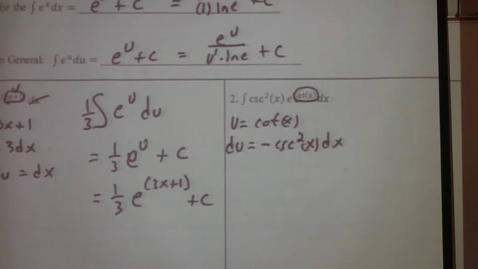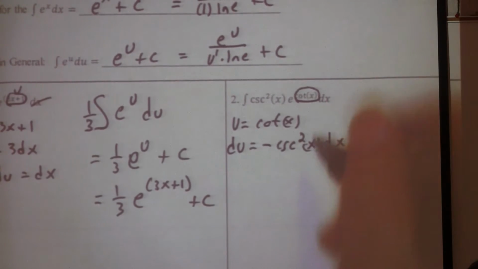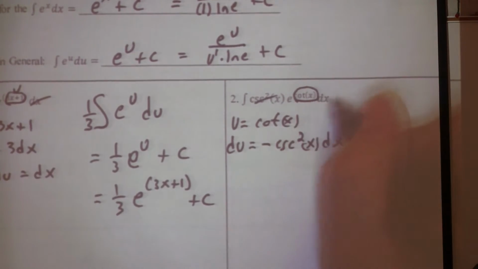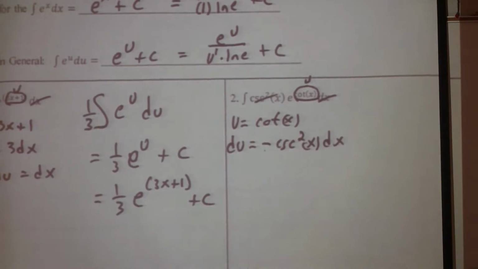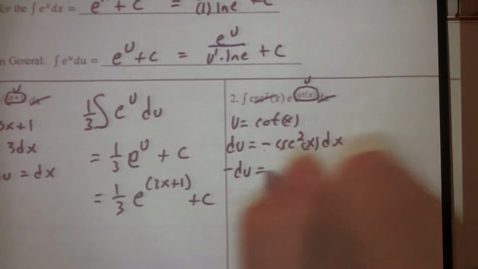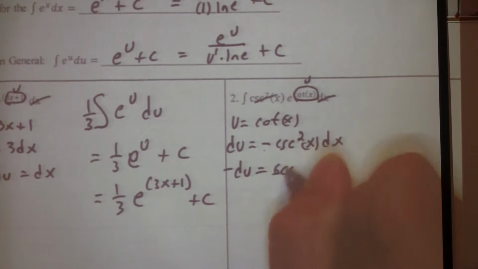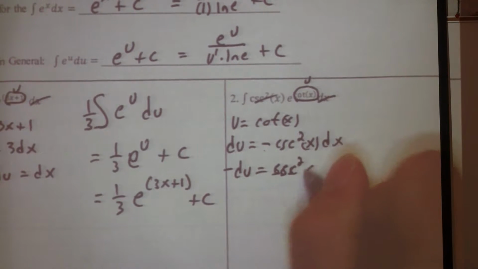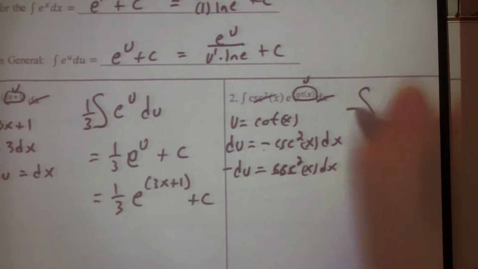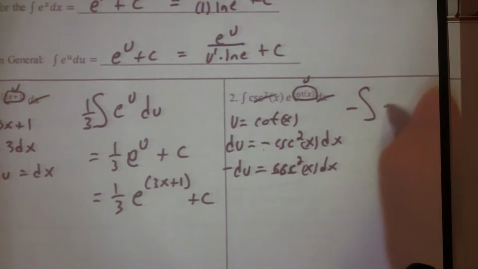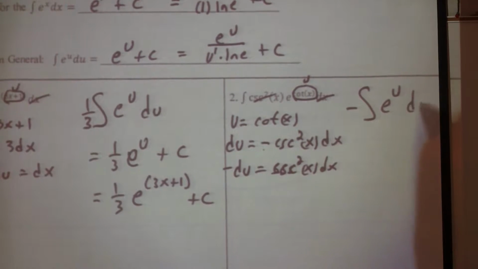Remember, anything that starts with a c, when I get its derivative, it should have a negative, right? So we got almost everything. This guy's going to go away, this guy's going to go away, this guy's going to be a u. Problem is that negative, right? Negative du is equal to cosecant squared x dx. So we can rewrite this as the integral of negative e to the u du.